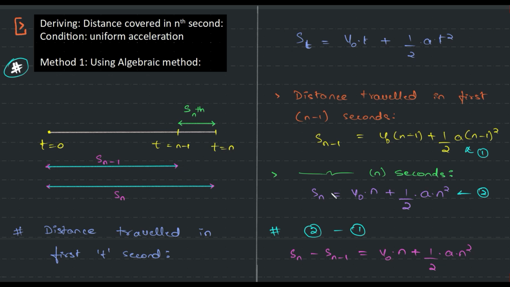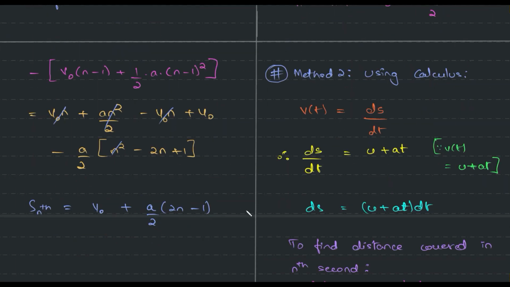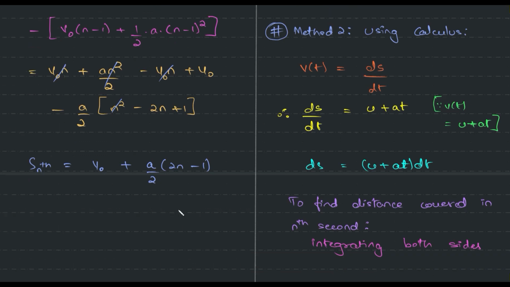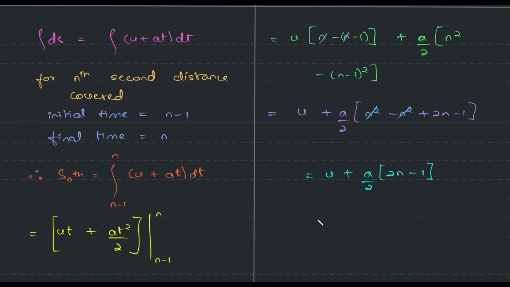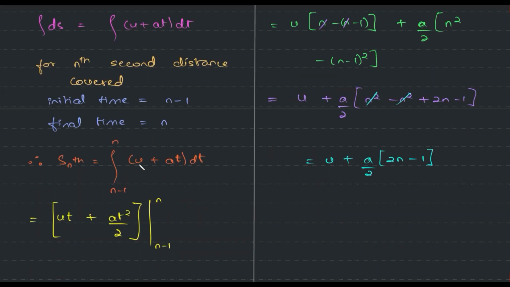If we find that individually, subtract, and simplify, we'll get the answer. Indirectly we are doing the same thing here as well, just that we are using the art of integration. When we integrate from n minus 1 to n and substitute, we end up with the same answer.